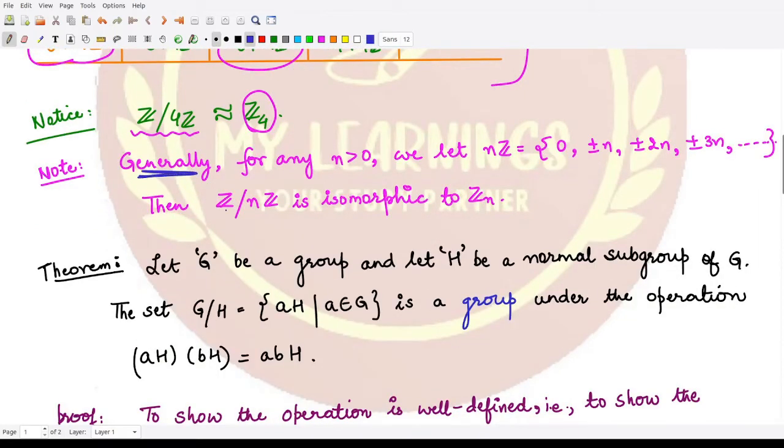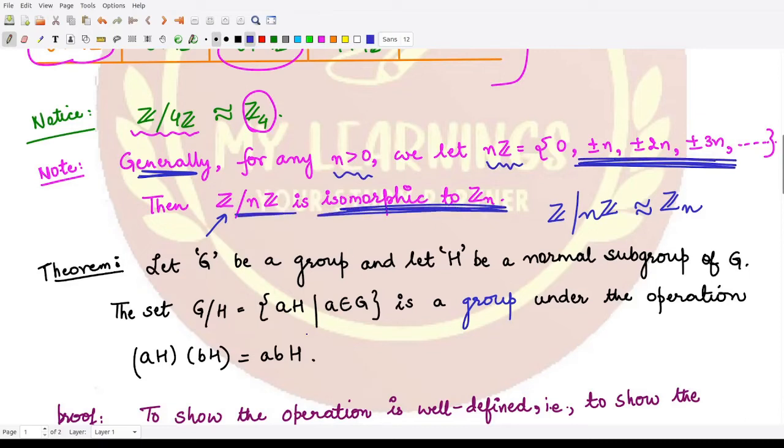If we take the group of integers under the operation of addition, and take a normal subgroup nZ of Z, then we can create a quotient group Z/nZ, and this would be isomorphic to the group of integers under addition modulo n. So for any n, we first construct nZ, which is normal in Z, and this would be isomorphic to Zn. This is the general group.